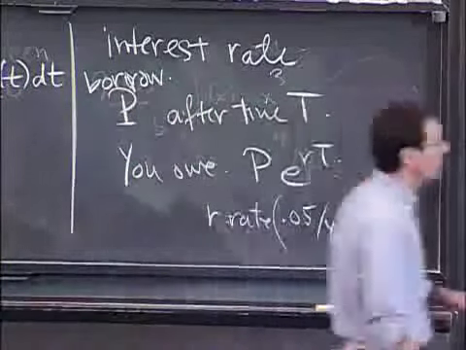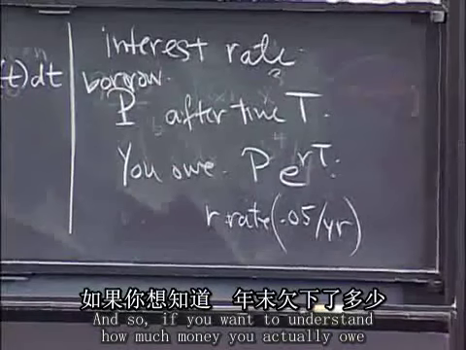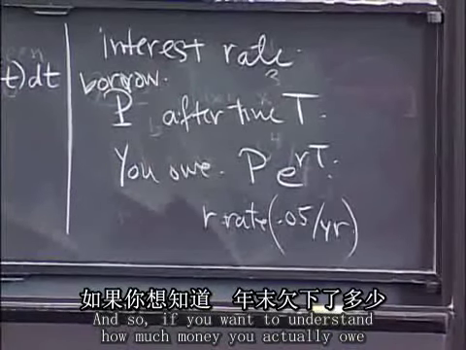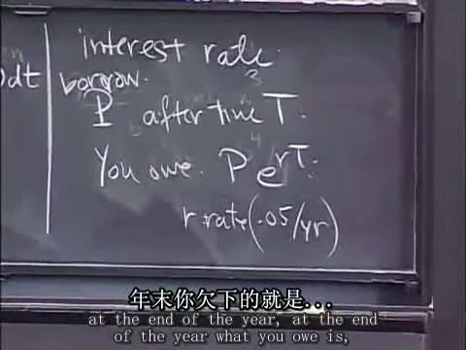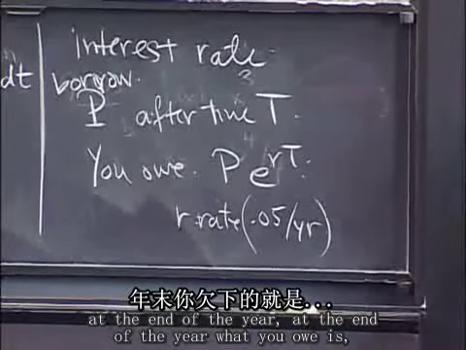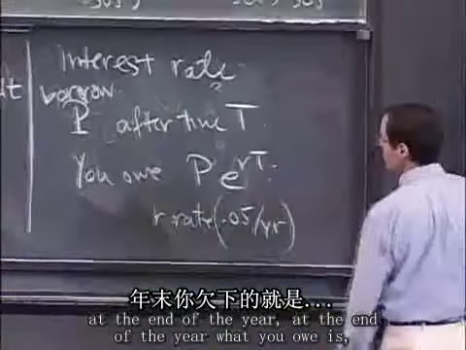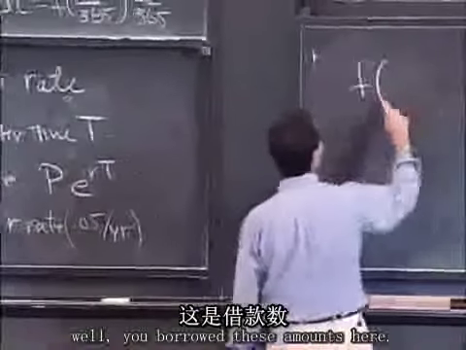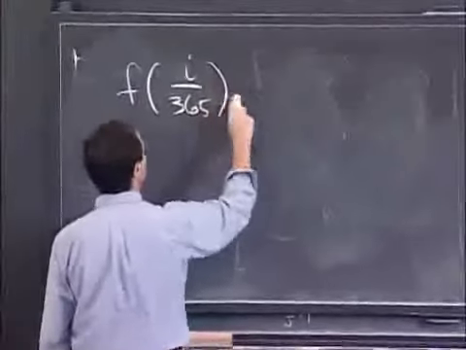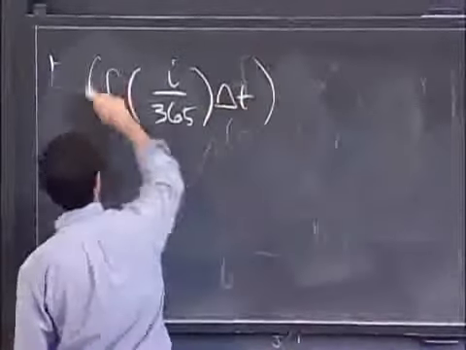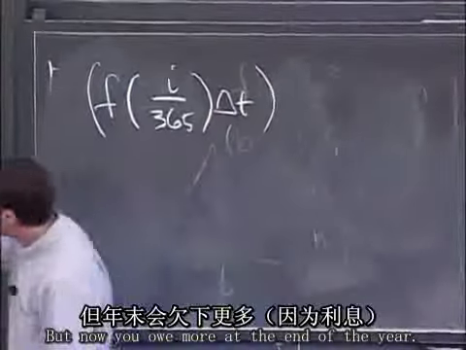And so, if you want to understand how much money you actually owe at the end of the year, well, you borrowed these amounts here, but now you owe more at the end of the year.